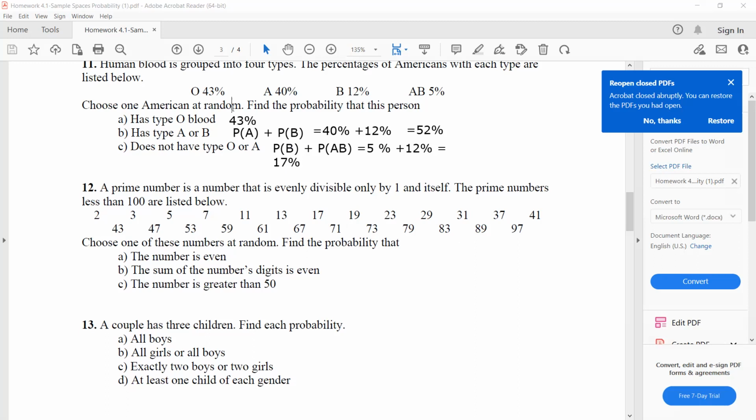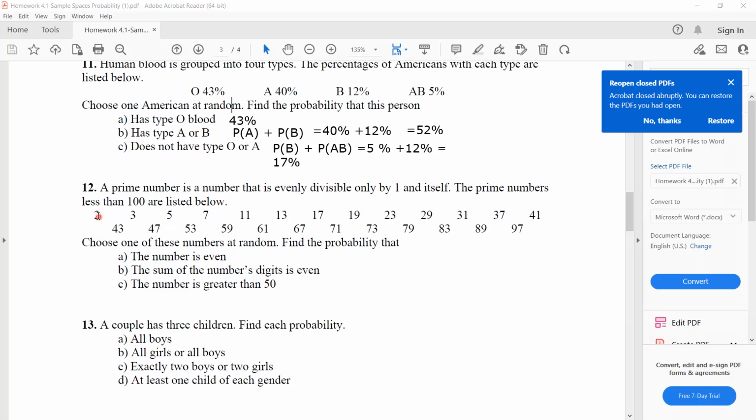So I'm going to get my spotlight. The number is even. First of all, they didn't tell you how many numbers they have, so we have to count that.